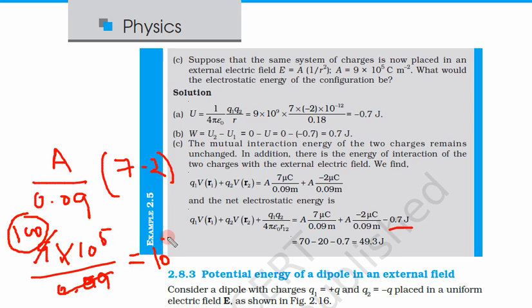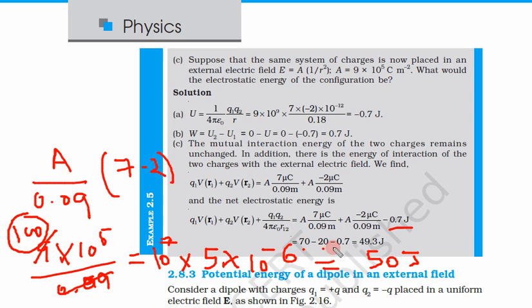10 to power 7 into this is 5 microcoulomb, 5 into 10 to power minus 6. So this is 50 joule. So here they have calculated separately. First one is 70, second one is 20.